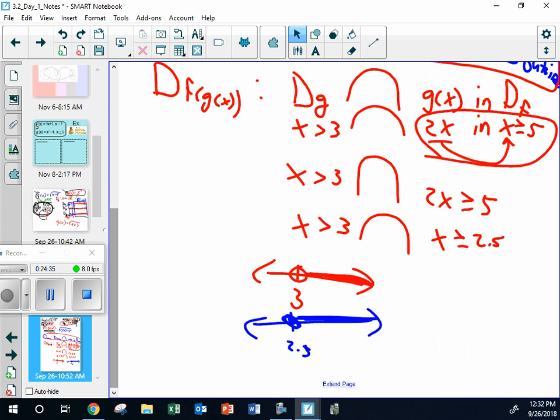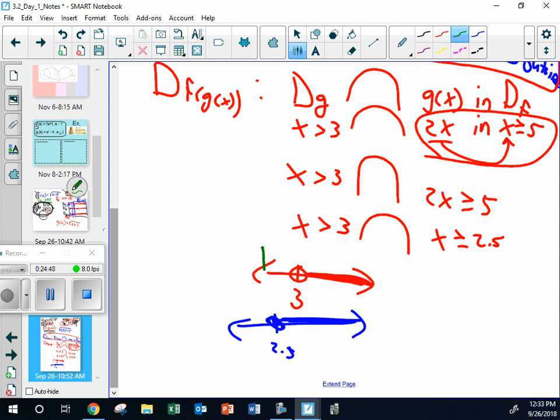I make sure 2.5 is to the left of 3, isn't it? So I have to make sure my number lines are lined up, otherwise everything gets messed up. It's like this. And now, does it work in this zone? No, nothing works in there. Does it work in this zone? No, only one of the two works in there.